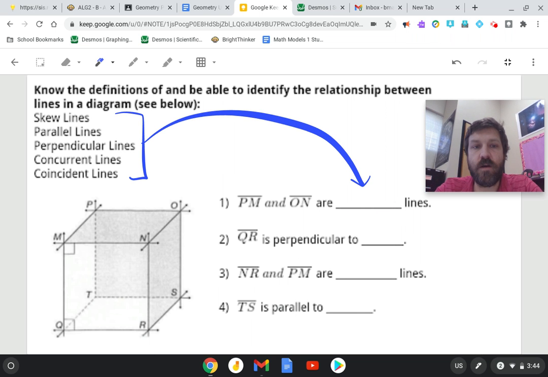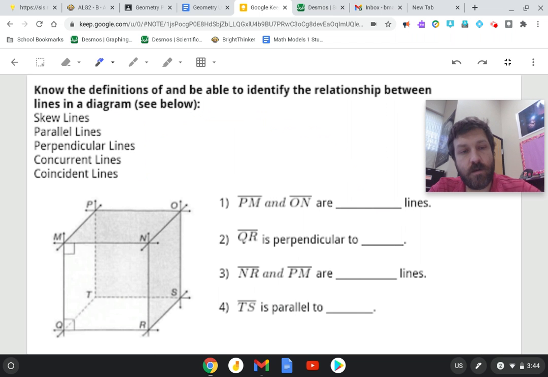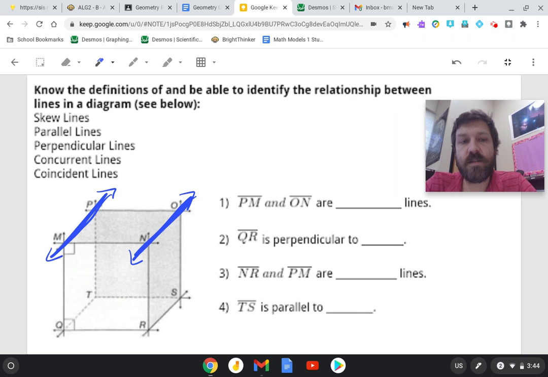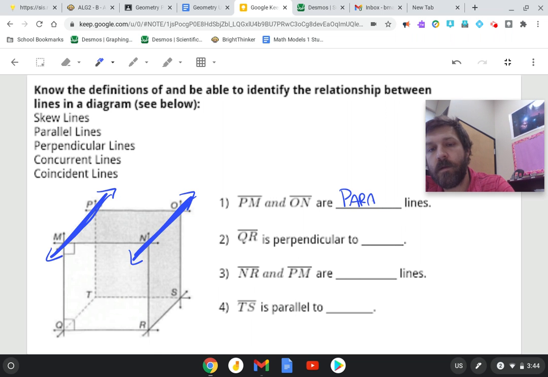So which one of those fits in that blank? PM is here, ON is here. Those lines go the same direction. They don't intersect. So to me, that means they are parallel lines.